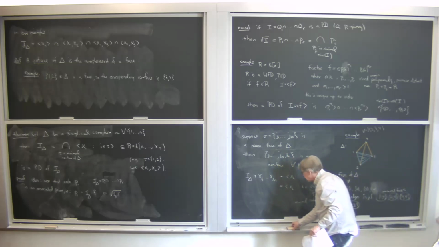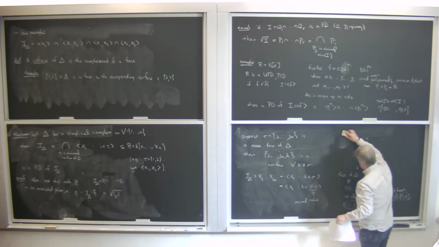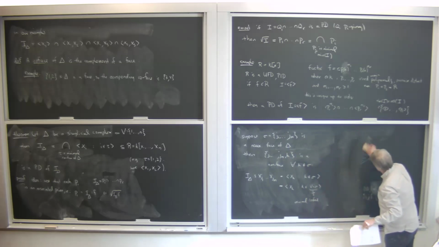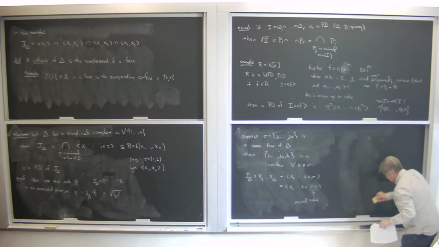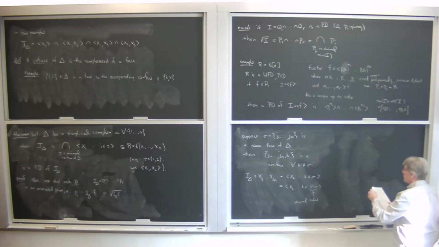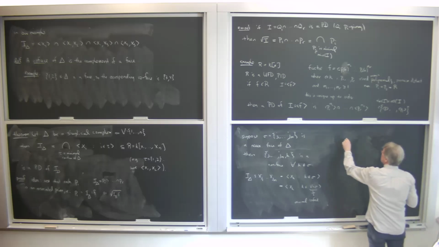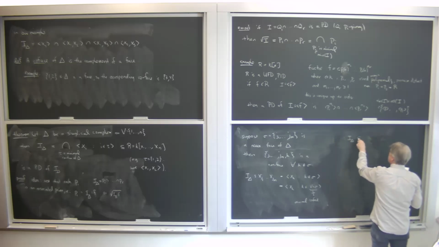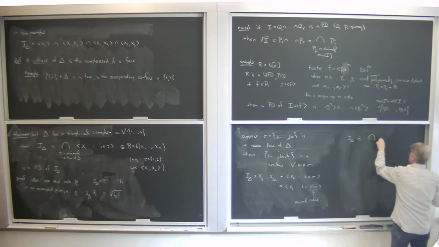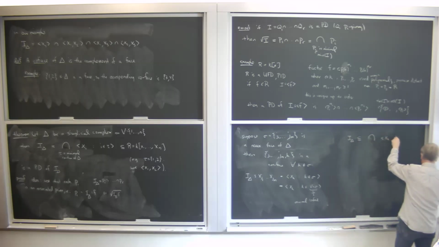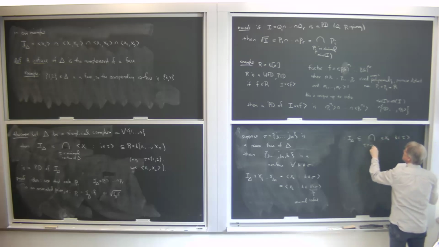So what we've just shown is the following. Therefore, I delta is contained in the intersection of the x_k's where k is in tau and tau is a minimal coface of delta.